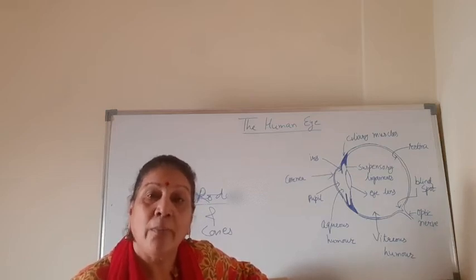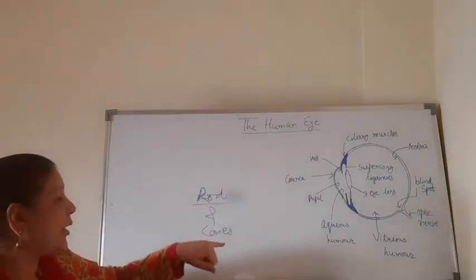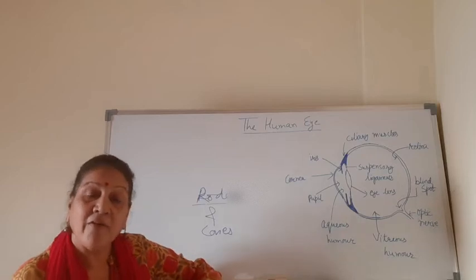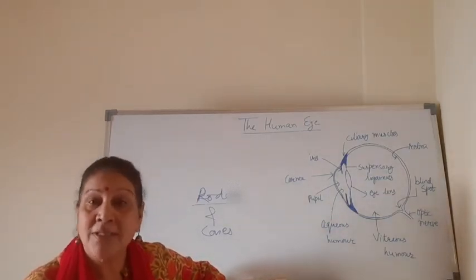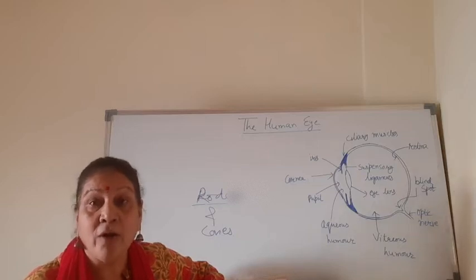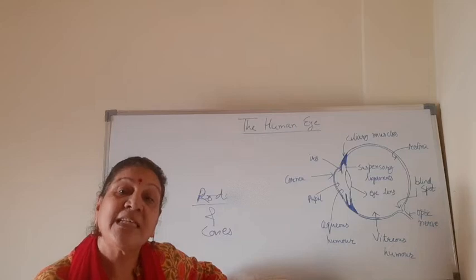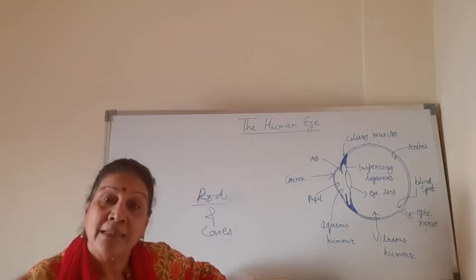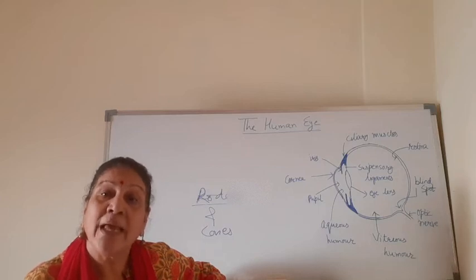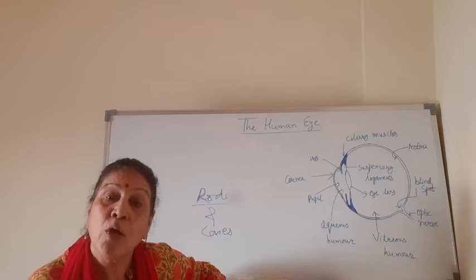So this is all about the human eye. Now I was talking about rods and cones. In human eyes we have very few rods, the cells which are sensitive to dim light. In some animals the rods are more, so they are able to see in the dark also.